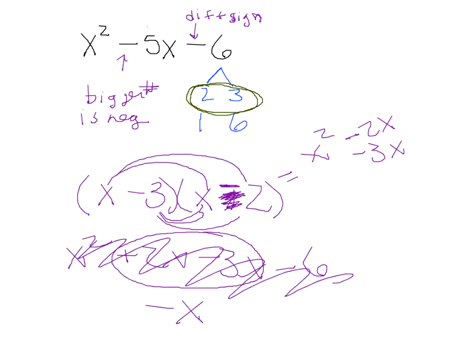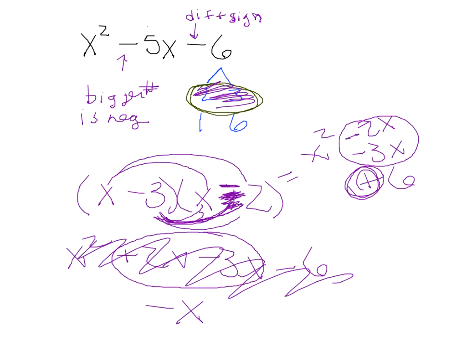But right here, when I have minus 3 times minus 2, that's a plus 6. So now I get minus 5x, but I have plus 6 instead of minus 6. It doesn't matter what I do, any combination of signs, I'm either going to not get minus 5x or I'm not going to get minus 6. So this is not the right factors.